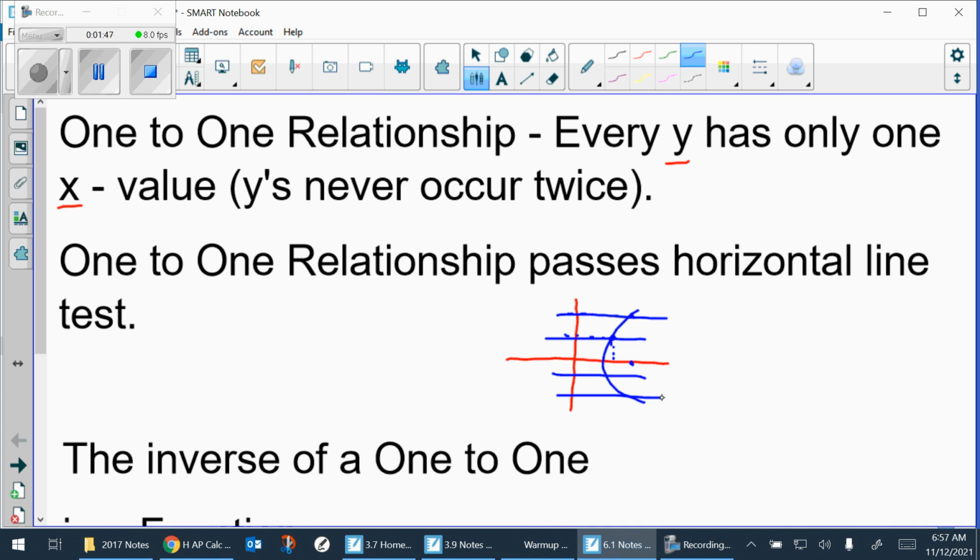But a one-to-one relationship does not have to pass the vertical line test. You could have a one-to-one relationship that looks like this. Now that passes the horizontal line test. That's a one-to-one relationship. That's also a function because it passes the vertical line test.